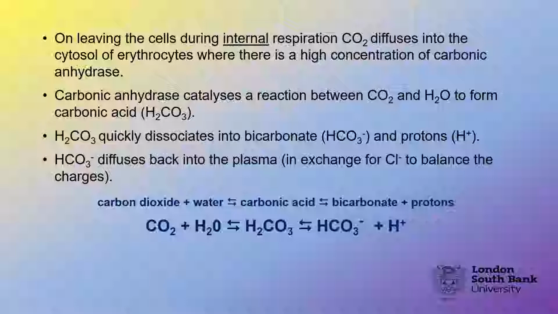This is because this equation is reversible. This reaction can work both ways. So if you think about that, why do you think we need to do that? Well, if you think about it, when of course the bicarbonate gets up to the lungs, we can't breathe out bicarbonate. So it has to be reconverted back to carbon dioxide for us to exhale it.